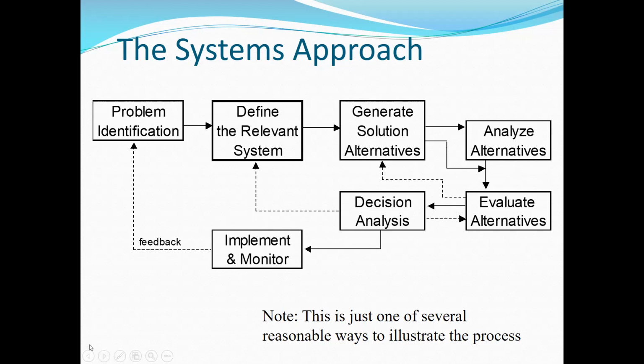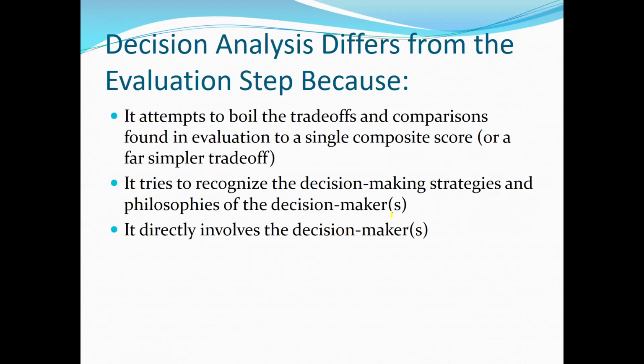But I showed you the systems approach, and the decision analysis approach, as you can see here, features prominently as its own decision step. And it does so because you do have to worry about uncertainty, the risks to your decision, and multi-criteria decision making. So it's important to talk about this step as well, and that's what we're doing in this section.